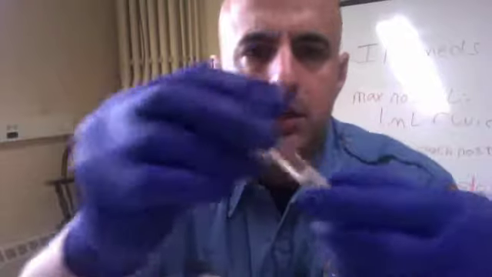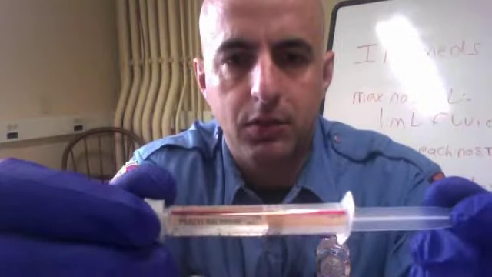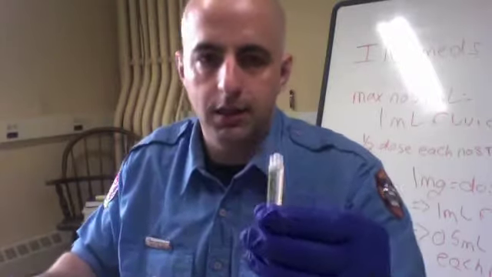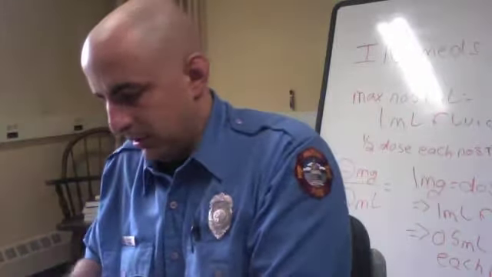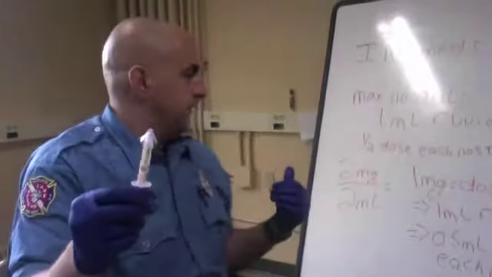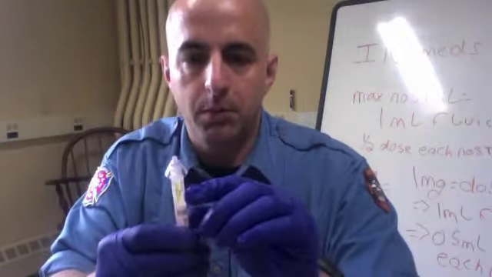So Narcan, again, comes 2 milligrams in 2 mLs. Take your medication, and there are various atomizers out there. Just got to screw it on. So like we did over here, we're going to give half ml of fluid in each nostril, being 1 milligram total.